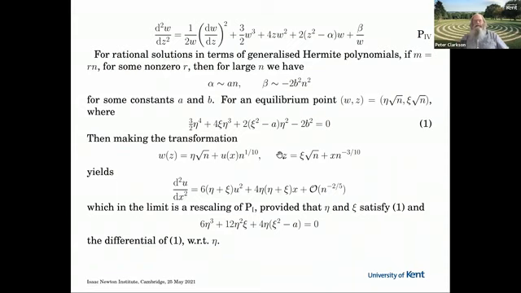Then, using the same kind of ideas I used for Painleve 2, you can show that if you make this transformation here, what you get is effectively a rescaled version of Painleve 1, providing that n plus xi is non-zero, and then something that's of order n to the 2/5.